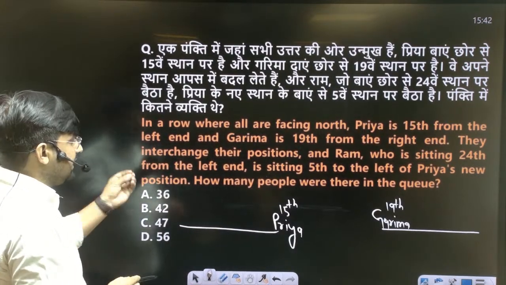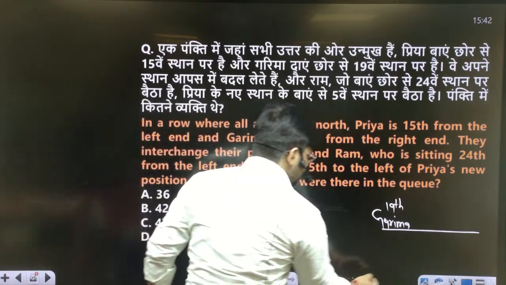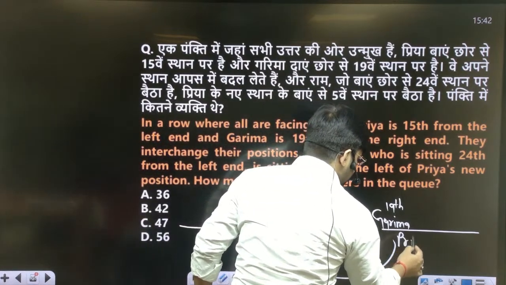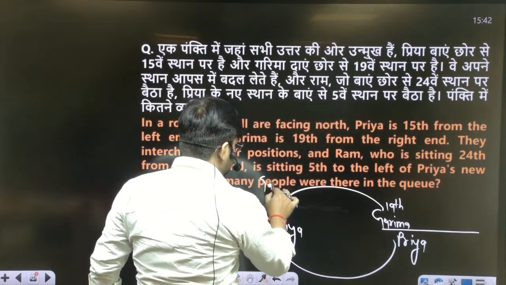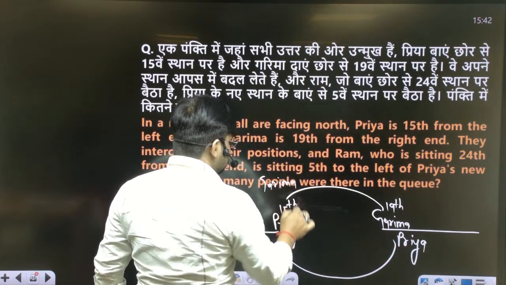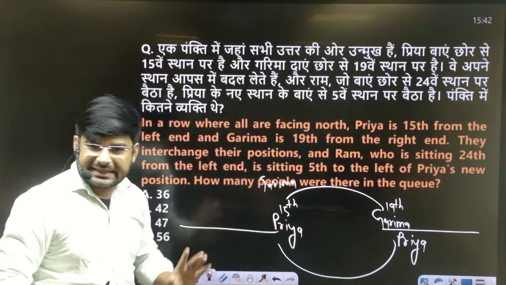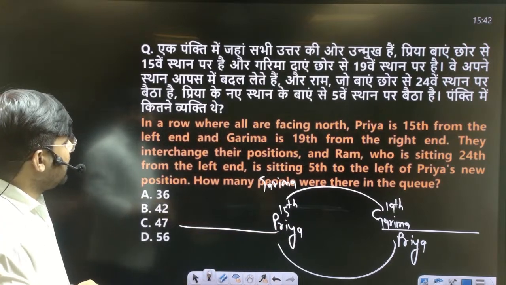They interchange their positions. It means Garima will sit at the place of Priya. Is it clear?